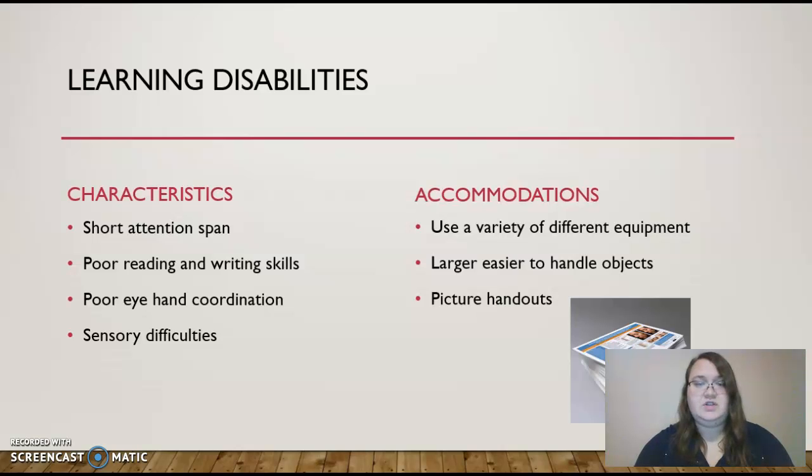Some accommodations you can make in your classroom are a variety of different equipment, such as different sized balls, different colored cones, and textured equipment. Larger handled objects are going to be easier for them to use, and when giving instructions, you could print out picture handouts for them to see. That will also help a lot.